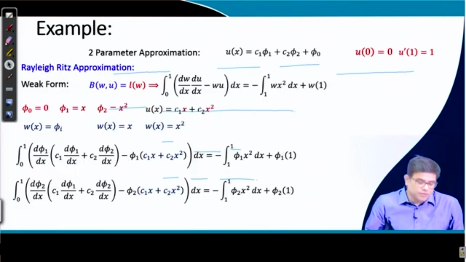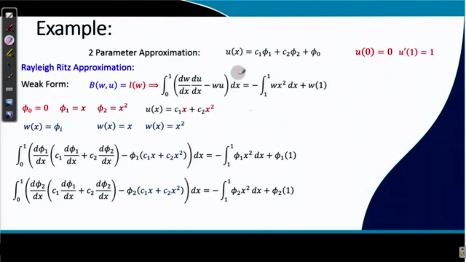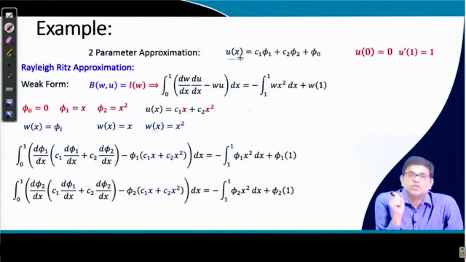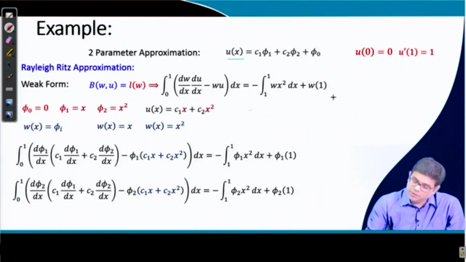In this case the approximation looks like this, and this is my standard approximation. Here the first thing we do is construct the weak form, which is the same as what we did in the earlier lecture in the earlier module.